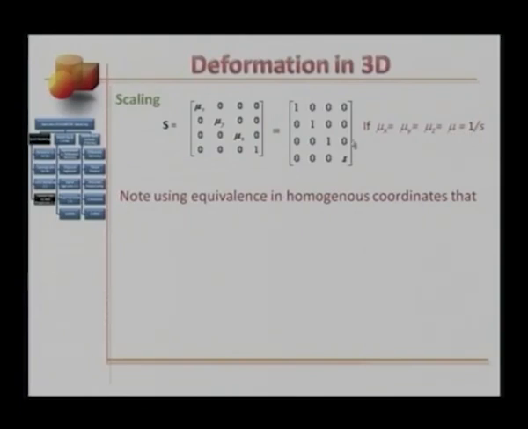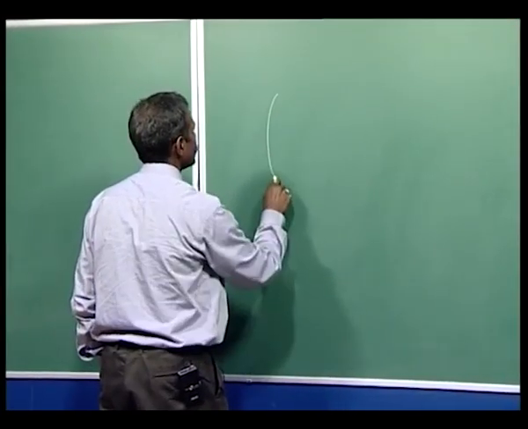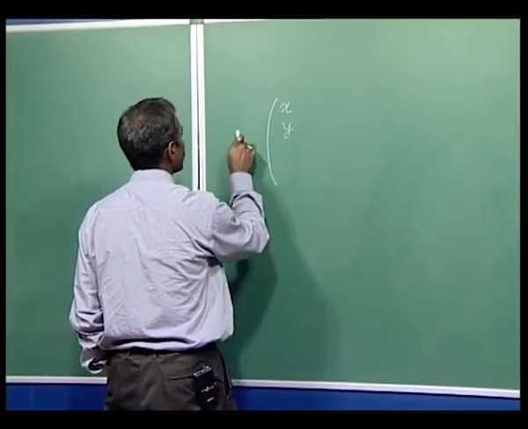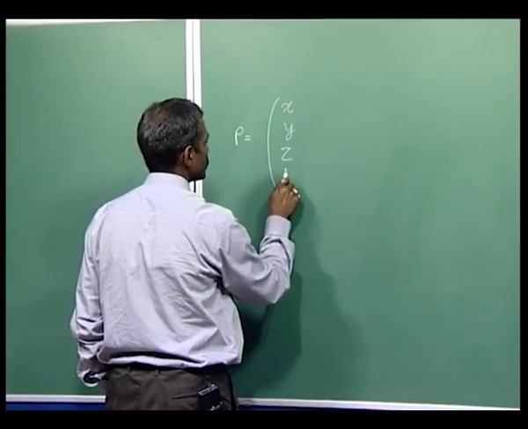Let me explain the equivalence on board. Let's say the homogeneous coordinates of point P are x, y, z, and 1.